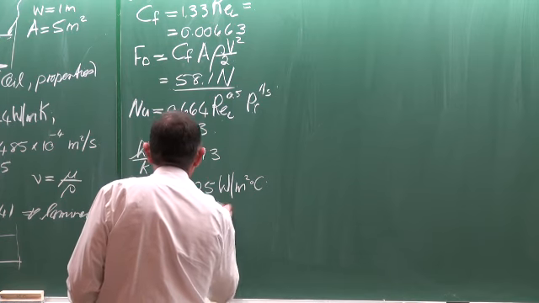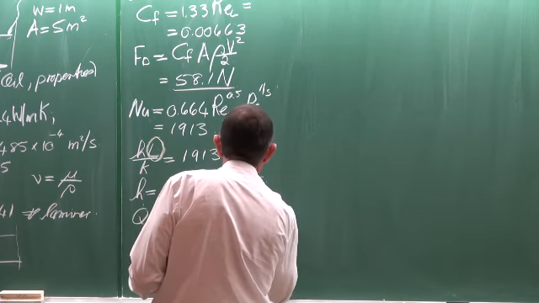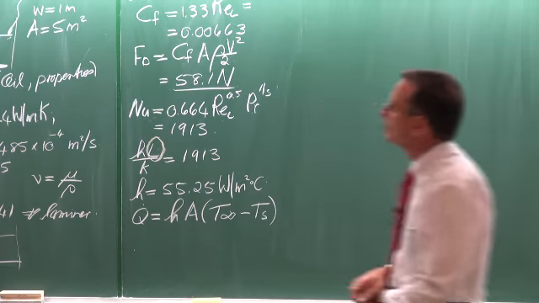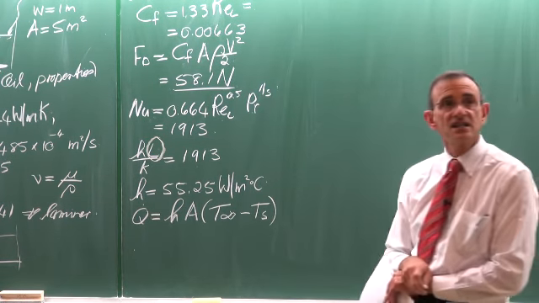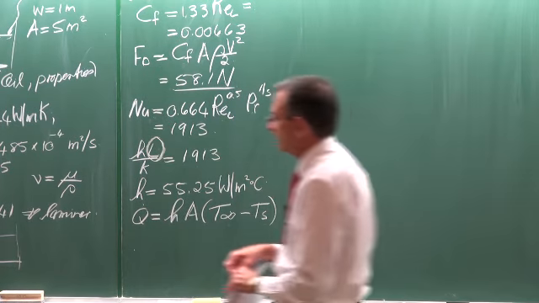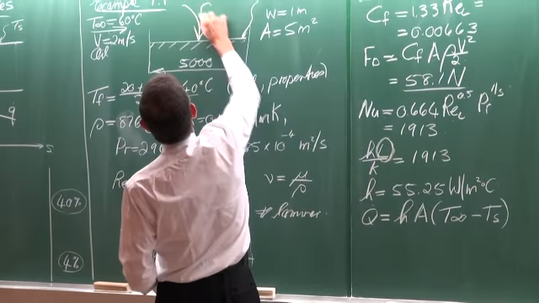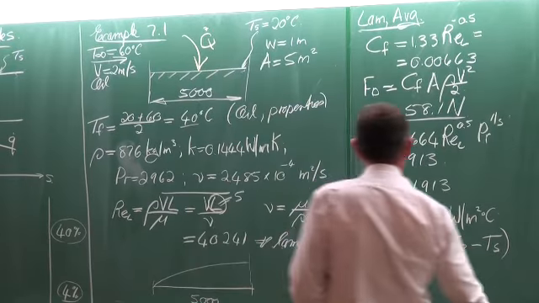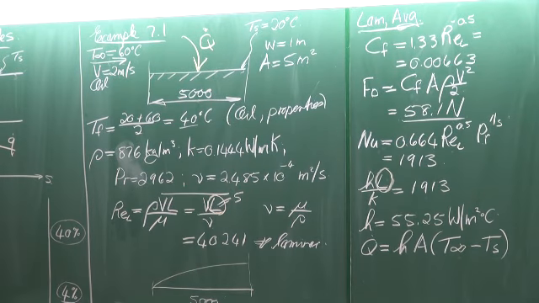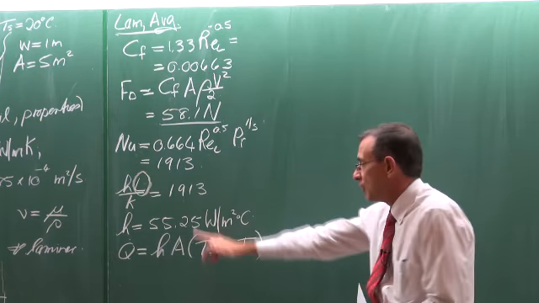The heat transfer rate is equal to the heat transfer coefficient multiplied by the area multiplied by the temperature difference. In this case, the heat transfer would be from the oil to the plate, because the oil is at 60 degrees Celsius, and that would be the heat transfer rate. We've got the heat transfer coefficient, 55.25.